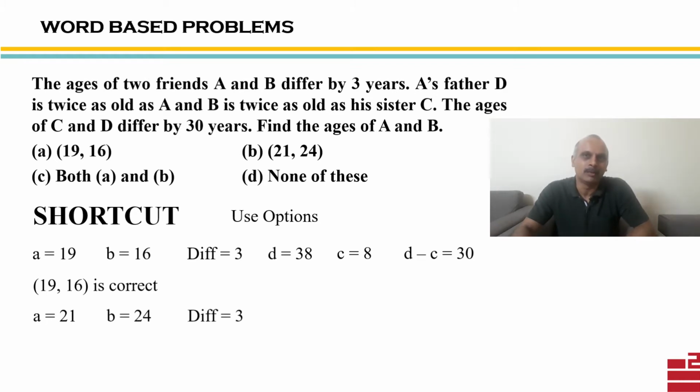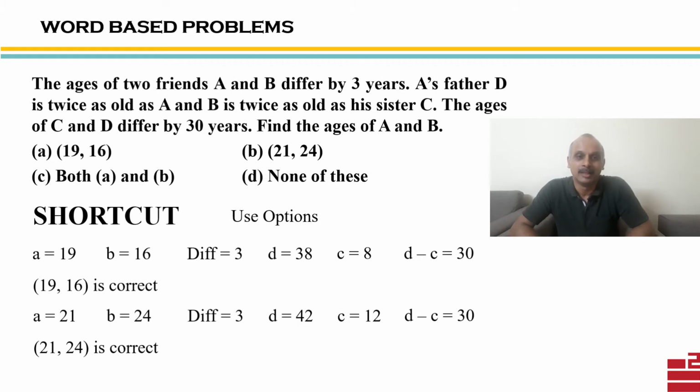If A is 21, obviously D's age will be 42, and if B's age is 24, that means C's age will be half of that, that is 12. And here again the difference of D and C is 30, and this also matches with the data. So I can say that 21 and 24, the pair of ages, is also correct, and so both A and B are correct. I feel that the shortcut approach is faster and easier than the proper conventional equations method.